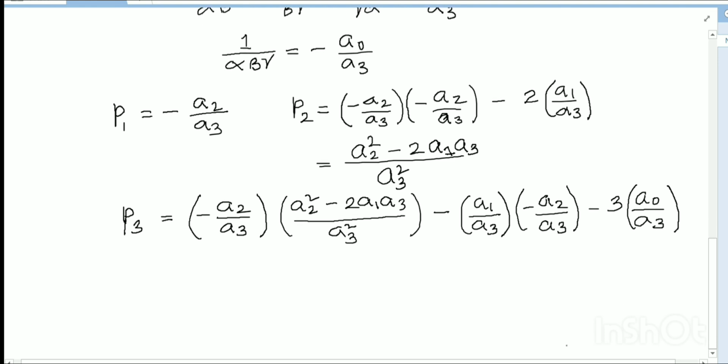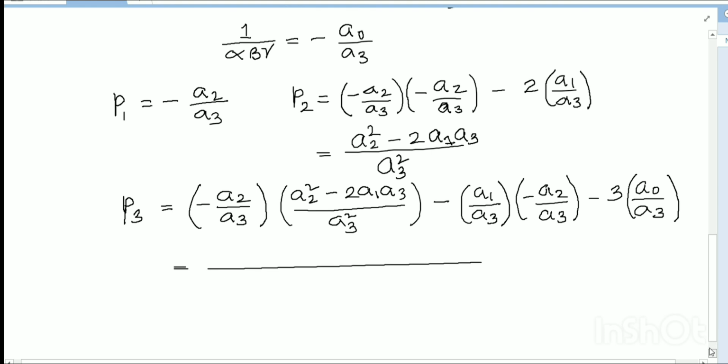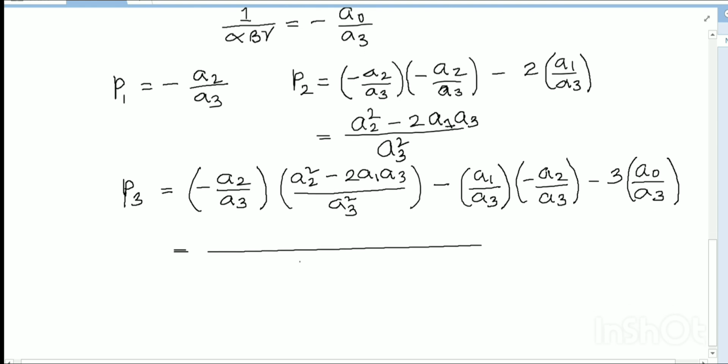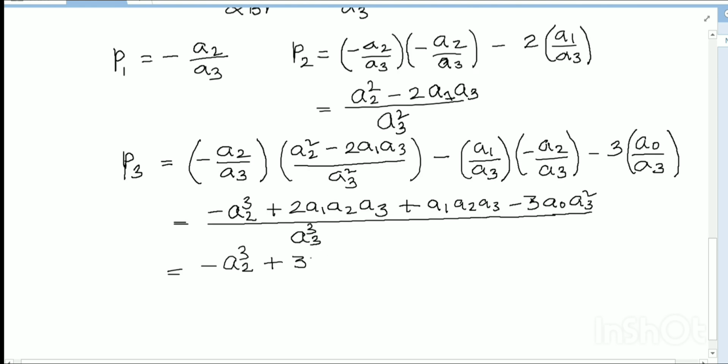Now friends, you see that I now have to simply calculate this equation, and you get the value of 1 by alpha cube plus 1 by beta cube plus 1 by gamma cube. Just simple calculations. Now please check my total work: minus a2 whole cube plus 3 a1 a2 a3 minus 3 a0 a3 square divided by a3 whole cube.